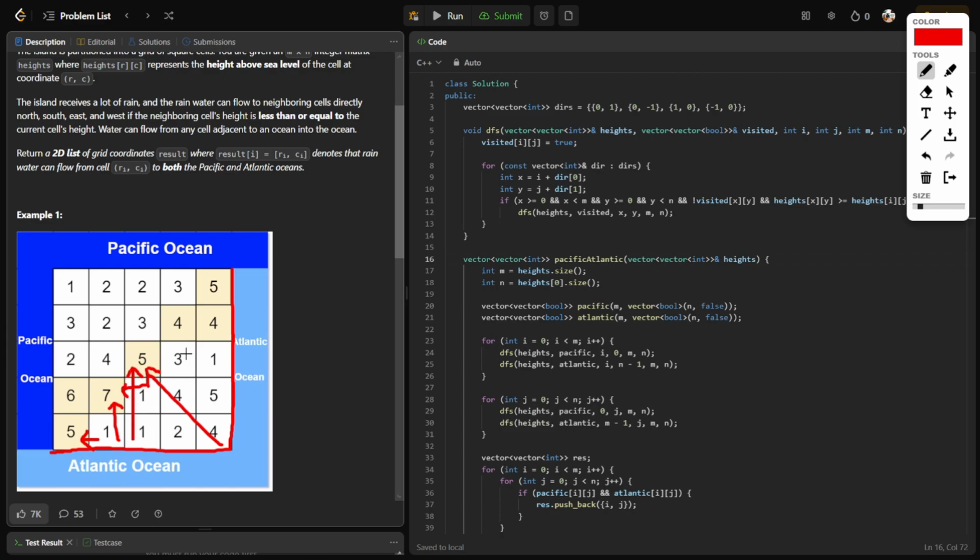That's how water works in a way. We must search so that our water can only move up from one ocean to the middle. So we're tackling this problem the opposite way. Instead of starting from the middle, we're starting from the edges to find out which cells can flow to both the Pacific and Atlantic Ocean.